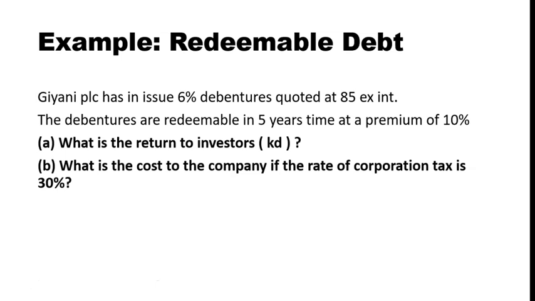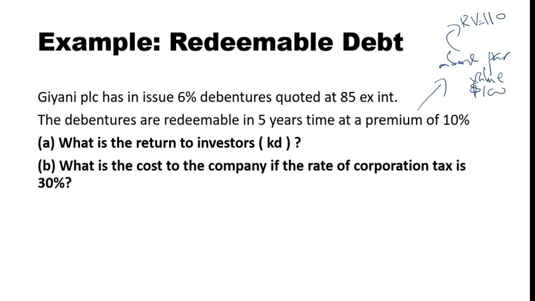When we say at a premium, this means that the redemption is going to be above par value, and our par value is 100. By how much? By 10%. So therefore, the redemption value is going to be 110, that is $100 multiplied by 1.1. That's $10 above the par value or nominal value.